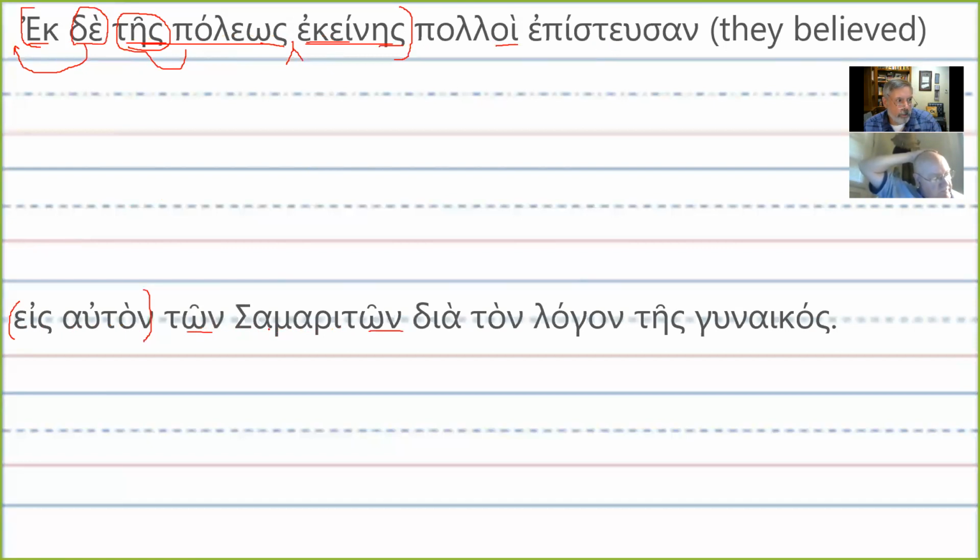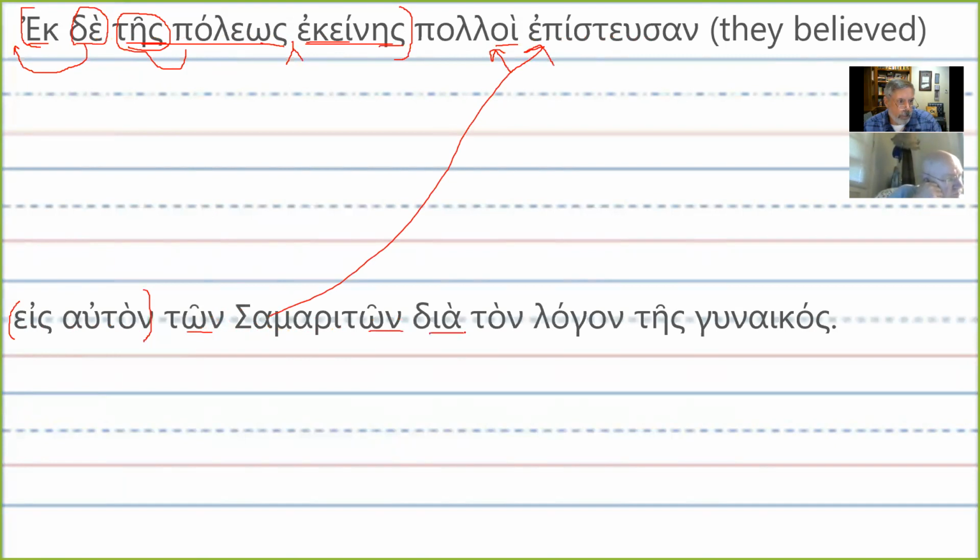Well, the question is, what is it modifying? And the answer is, from that city, many Samaritans believed. It's separated, and that makes it a little harder, but it's actually coming up here. It's really "many Samaritans believed."